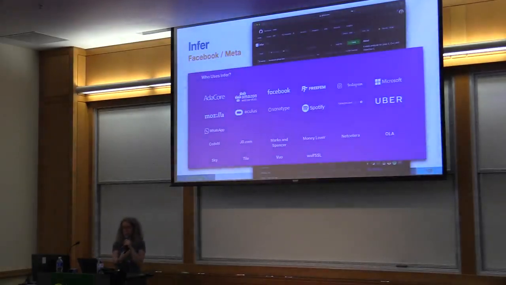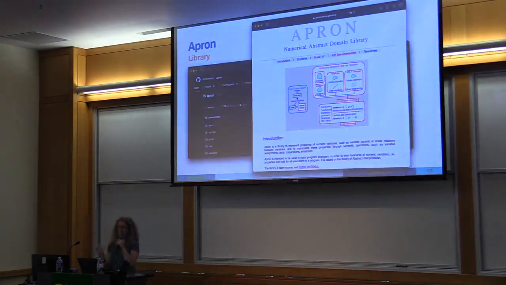There are also, as I said, software companies that are developing static analyzers. Meta is one of them. They developed the Infer tool, a static analyzer used by all these other companies. If you want to develop your own static analyzer, there is this nice open source library for numerical domains. Here you get all the numerical domains that I presented and more already implemented.